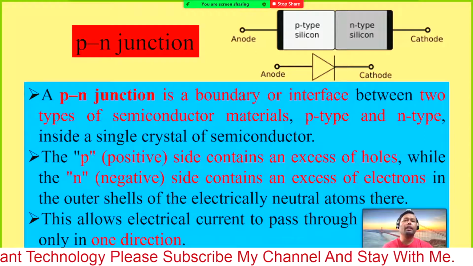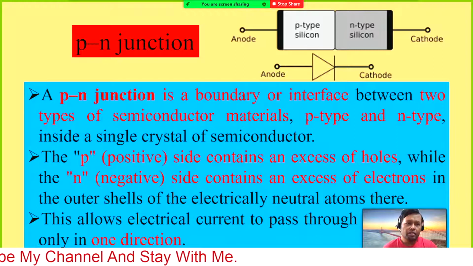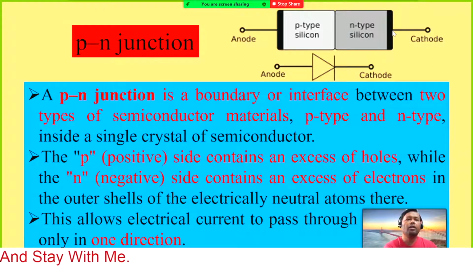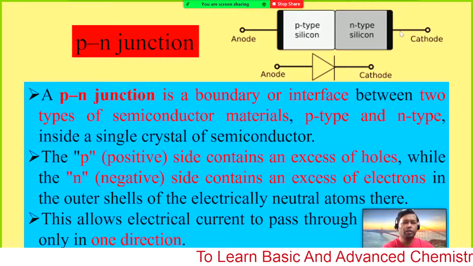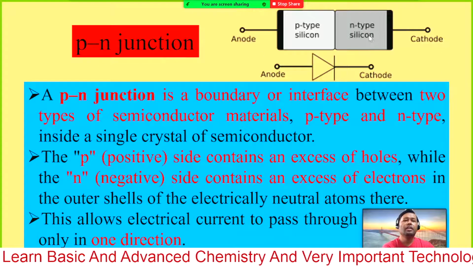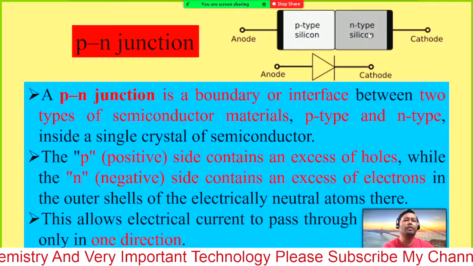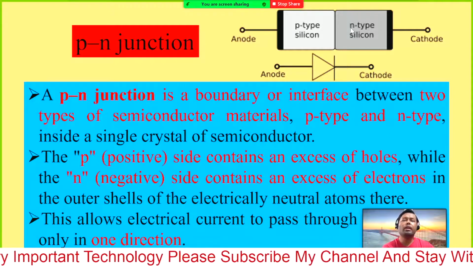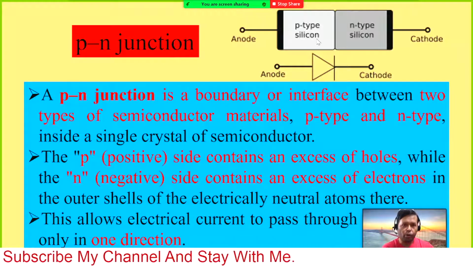If you join a p-type and n-type semiconductor, and you apply some potential difference to the ends, connected to the potential source, cathode and anode, then the free electrons from this n-type semiconductor, because we know the n-type semiconductor has a lot of free electrons, and this side has a lot of free holes.